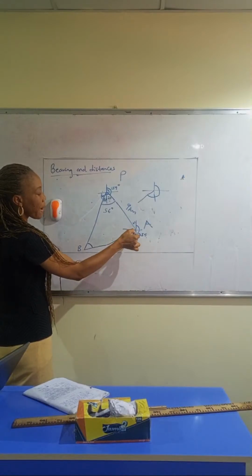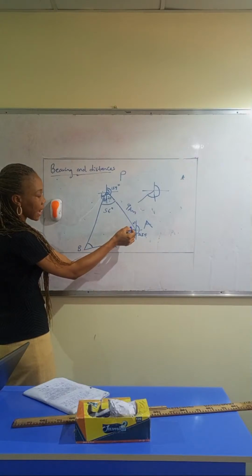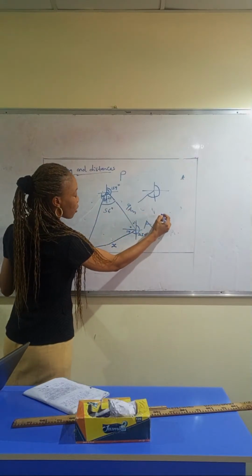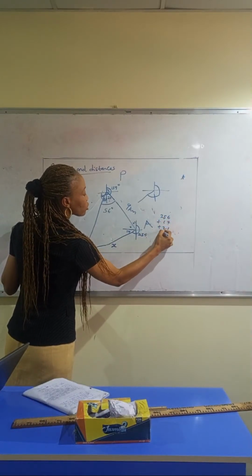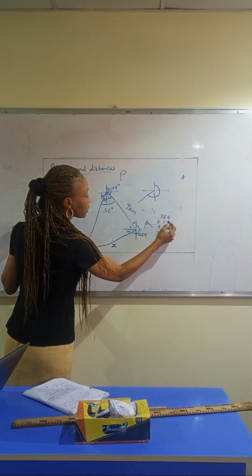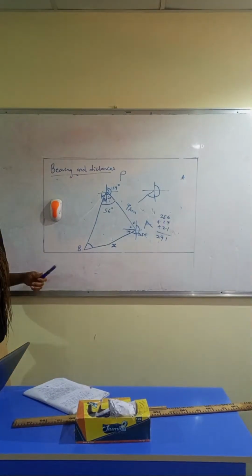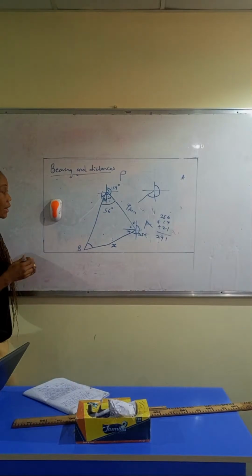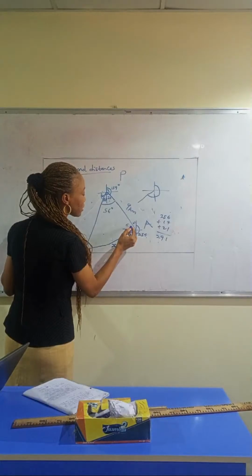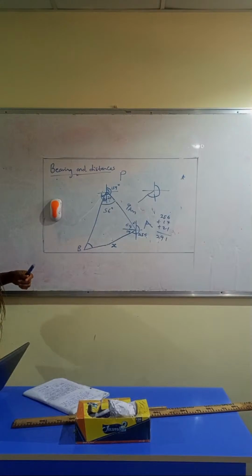So if we add up everything and subtract it from 360, we'll get this remaining side. 256 plus 14 plus 21 is 291. So 360 minus 291 will have 69. That means this place is giving us 69. If you add everything, it must give you 360.